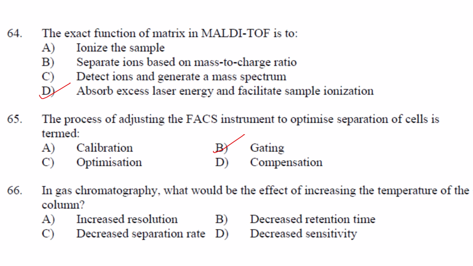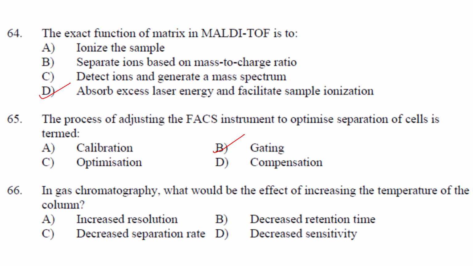And optimization, it refers to adjusting various experimental parameters such as sample preparation optimization. That is, you have to create a single cell suspension so that there will be proper detection and sorting of the cells. Then staining optimization, that is, you have to choose the right fluorophores and at what concentration they have to be used.